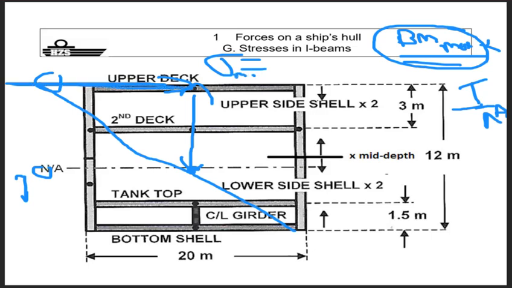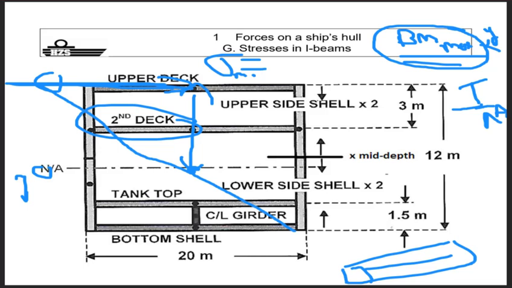Can you calculate the stress level at the second deck point? Of course. The only thing you need to adjust from your formula is the distance. The bending moment max at this location stays the same, because if you look at your vessel lengthwise, your bending moment at a certain spot is the same for this entire cross section, of course.